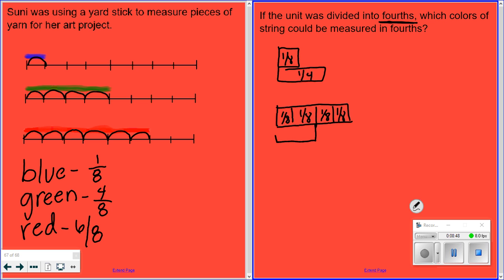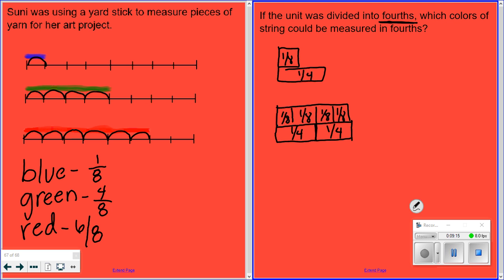Probably looks something like this. So if I was counting by 8, I would say 4/8. But if I was counting by fourths, how many fourths? 2. 2 fourths.